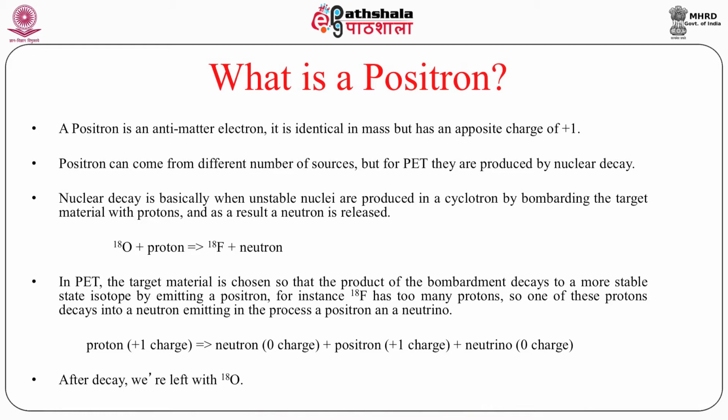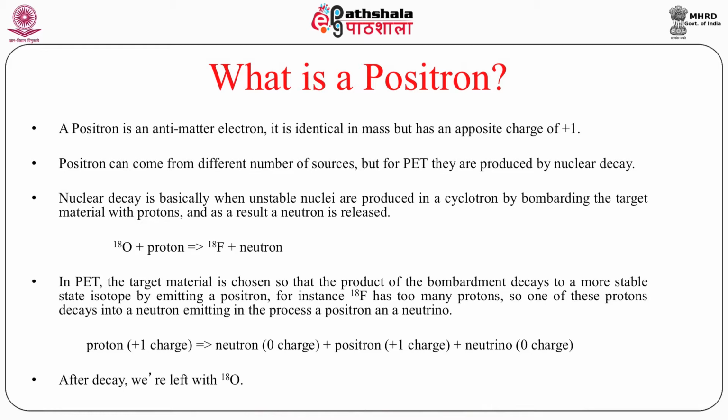The cyclotron basically energizes a charged particle like a proton or deuteron to such a large extent that when it comes in contact with a target, it makes a radionuclide which is a positron emitter. In PET, the target material is chosen so that the product of the bombardment decays to a more stable isotope by emitting a positron.